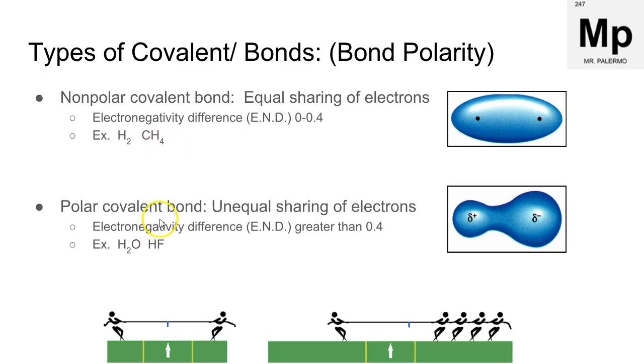So here would be our nonpolar. A polar covalent bond is one where one atom has a greater pull on electrons. Not strong enough like an ionic bond where it actually transfers electrons, but strong enough that it's unequal sharing, as you can see here. That's when the electronegativity difference is greater than 0.4. An example is between oxygen and hydrogen, or hydrogen and fluorine.